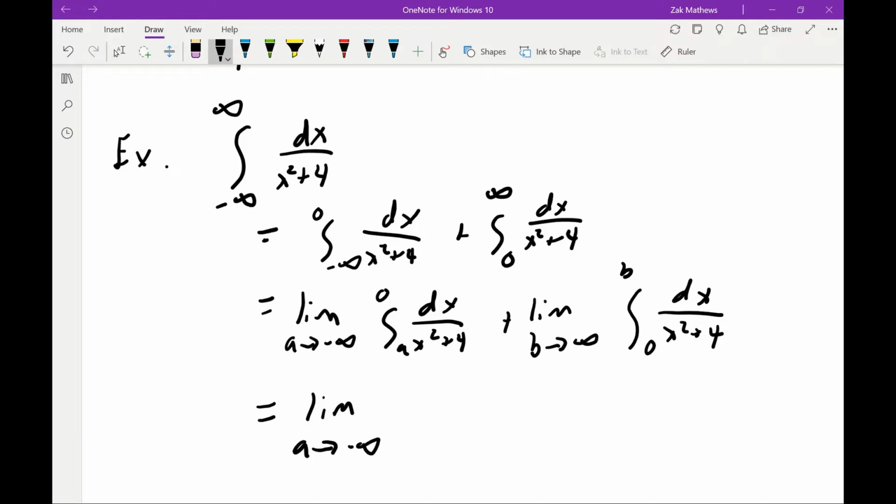Typically dx over x squared plus, this would be a 1, so that means I'm going to have an inverse tangent of x over 2 to get the x squared plus 4. But that would also mean that I'd have a coefficient of 1/2. And then we're going to evaluate that from a to 0.